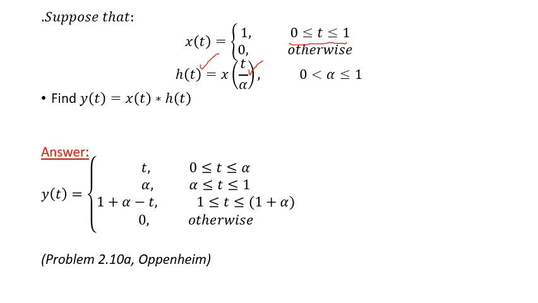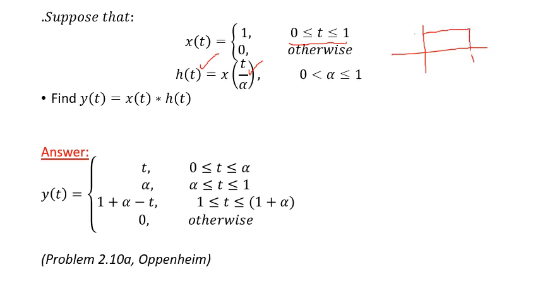Because alpha is less than 1, that means 1 by alpha will be greater than 1. So that means h of t will be the compressed form of x of t by a factor of alpha.